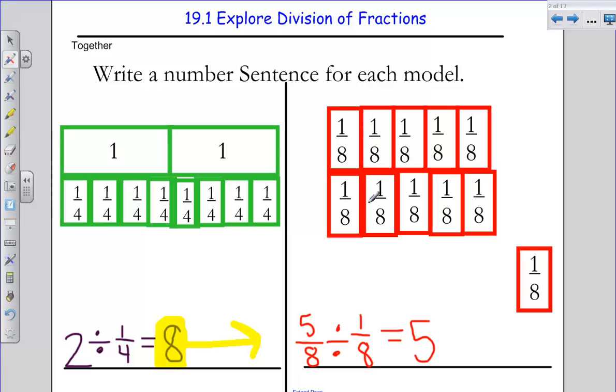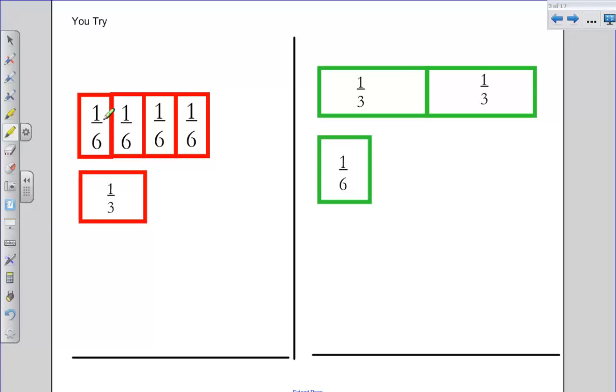I'm trying to divide it into 1/8 sections. 1, 2, 3, 4, 5 1/8 sections fit into 5/8. Okay? So let's see, did that hold true? 5 is bigger than 5/8. So yep, same theory held true.